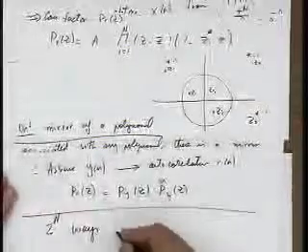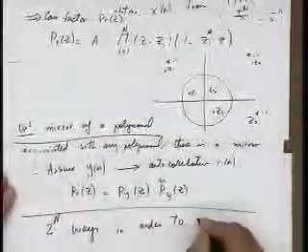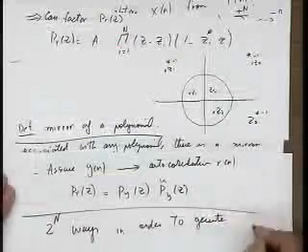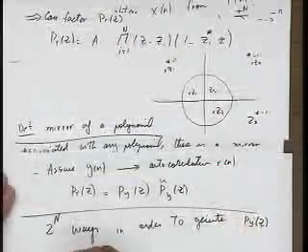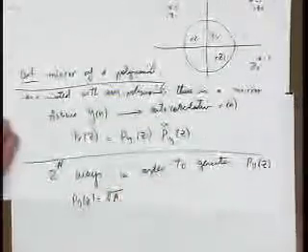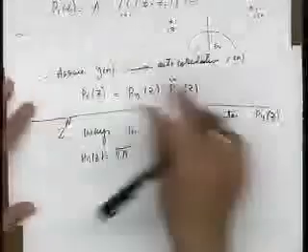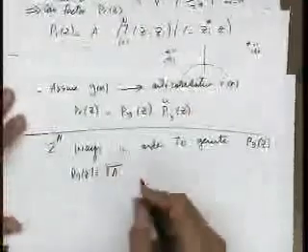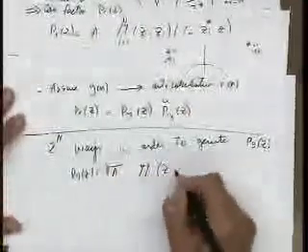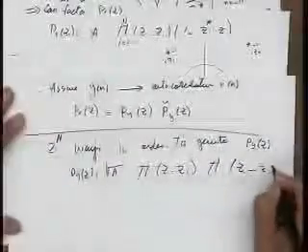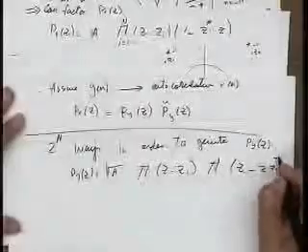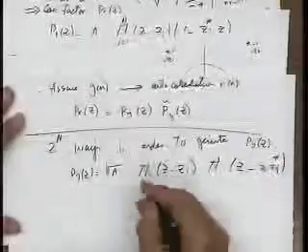So there's 2 to the n ways to generate Py of Z. In other words, Py of Z could be, let's say, square root of A, right? Because these two polynomials are the same, so it's square root of A, and then a product of Z minus Zi and a product of another Z minus Zj complex conjugate, but we don't really know what these indices are.